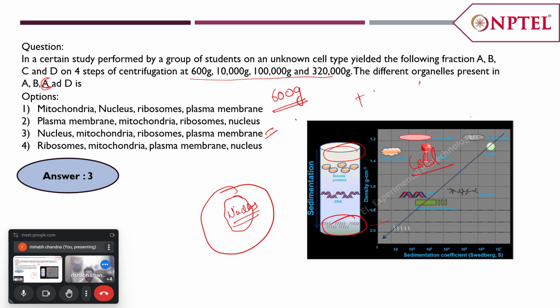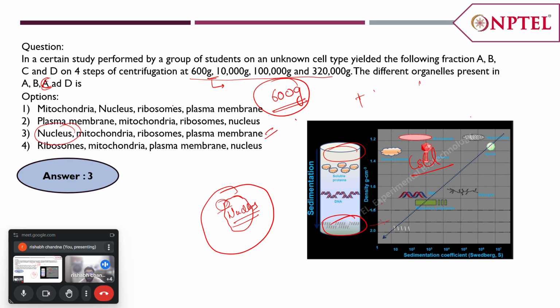It will be separated first at the lower centrifugal force. Here the G is basically the centrifugal force that we are applying. So at the smallest centrifugal force, the heaviest component will be separated first. So here comes the nucleus.